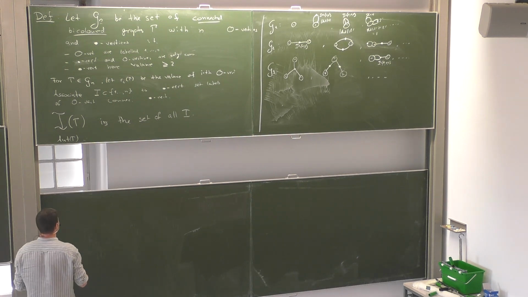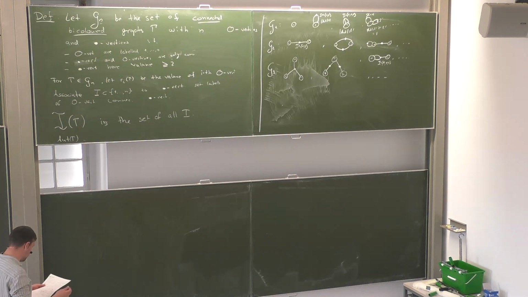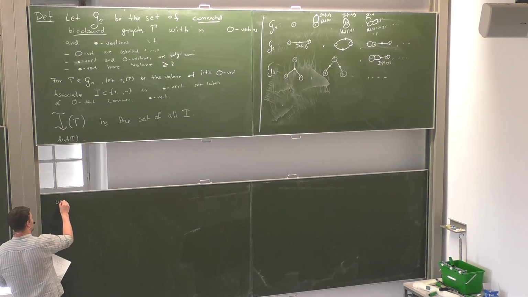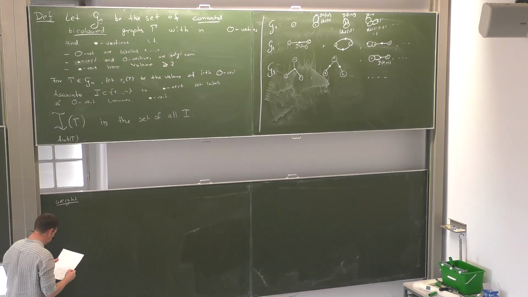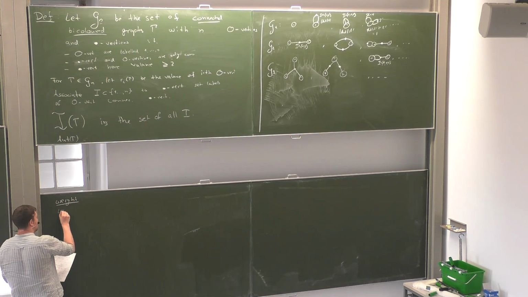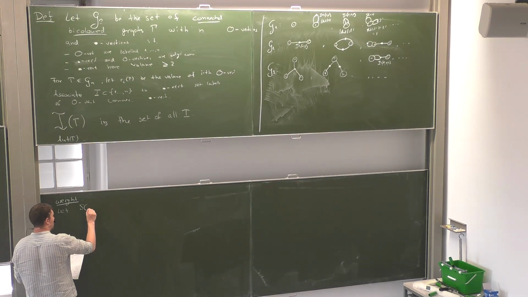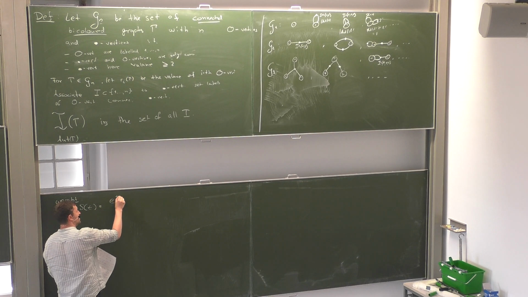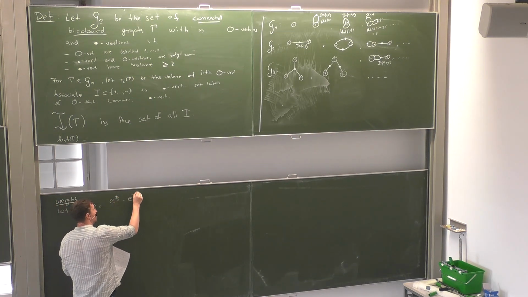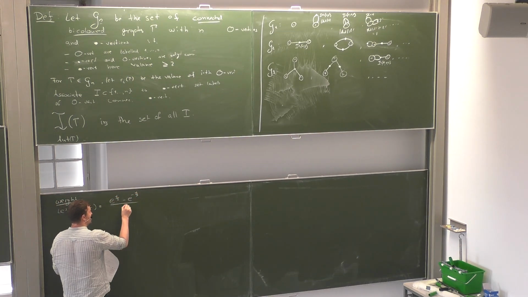But now we have to put some weights on these graphs. So we define the weight in the following way. Let the function s of t be e to the t over 2 minus e to the minus t over 2, over 2.